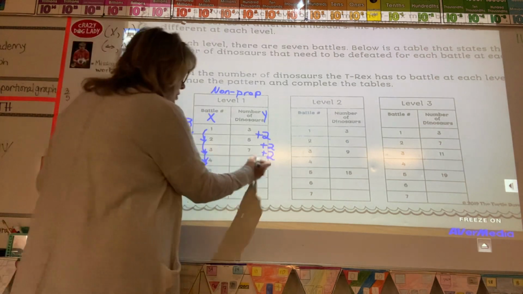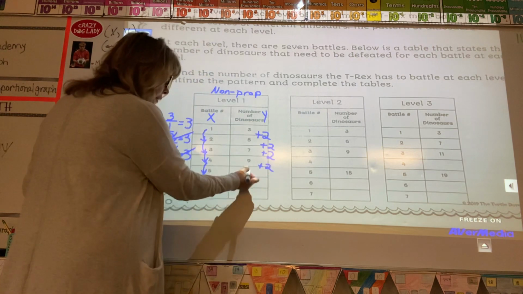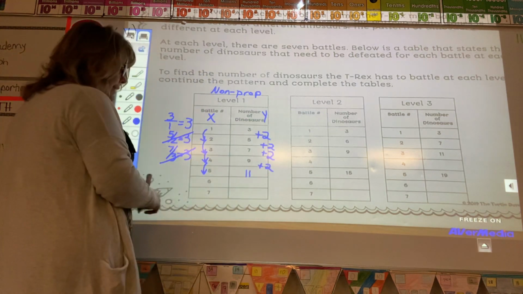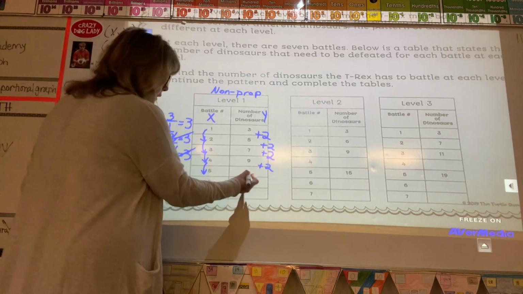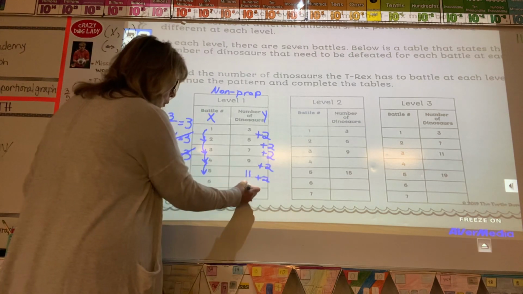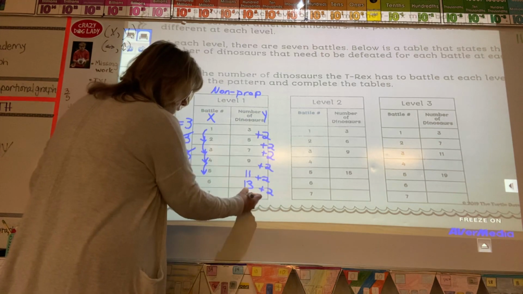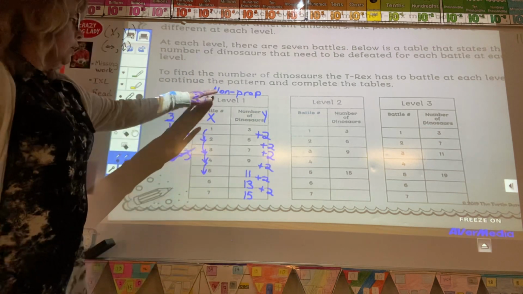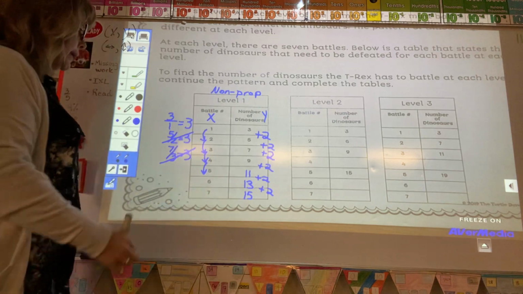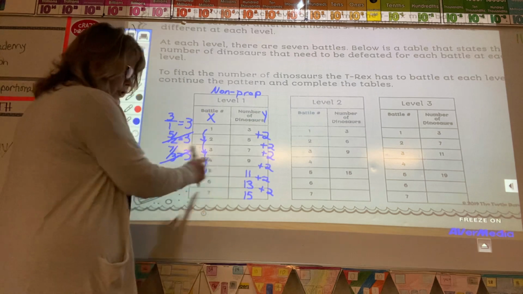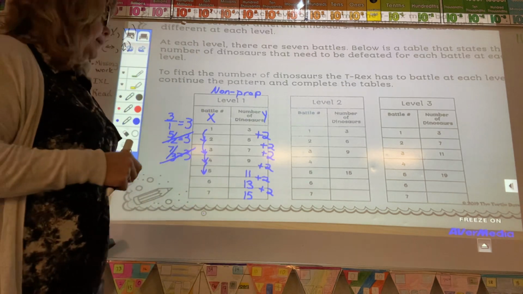You're right. We should add 2 more, giving us 11. Can you predict what we would have for the 6th level or 6th battle? You're right. 2 more, which is 13, and the 7th battle is 15. So we call this a non-proportional table. We would now use those given data points to graph on the graph. We'll do that in a minute.